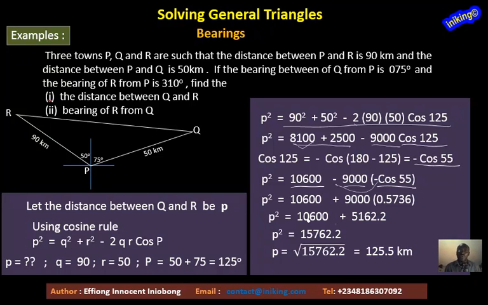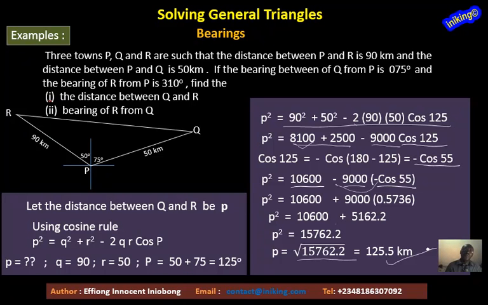So we have P square equals to 10,600 plus this. Adding that up, we have our P equals to the root of 15,762.2, which gives us 125.5. So that's the distance between Q and R.